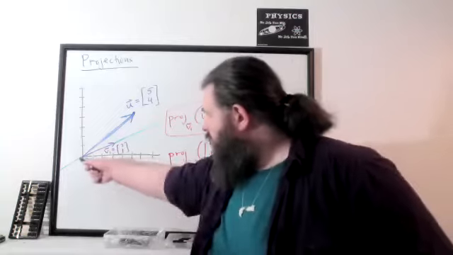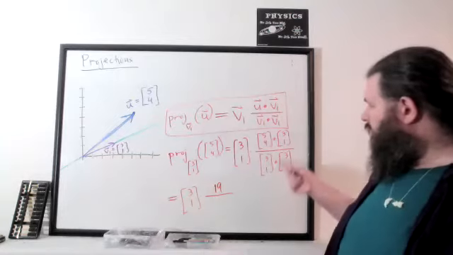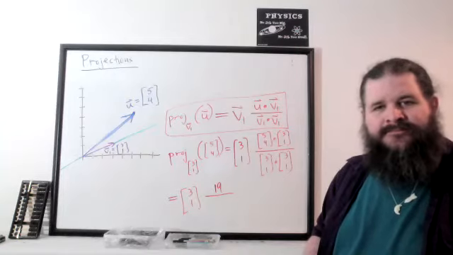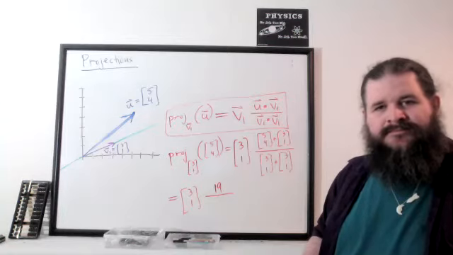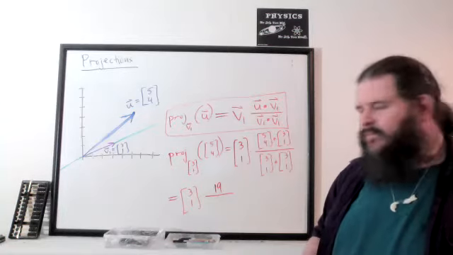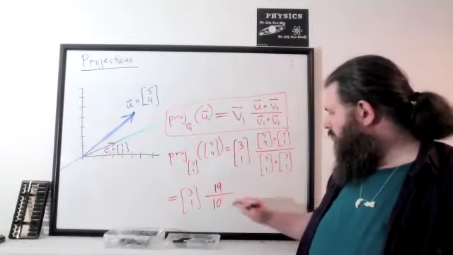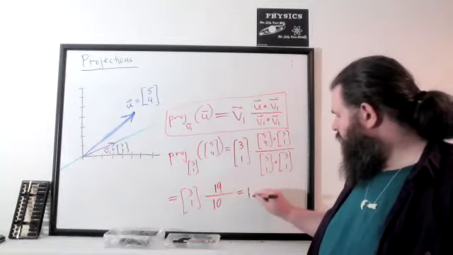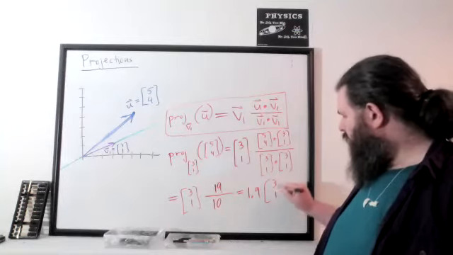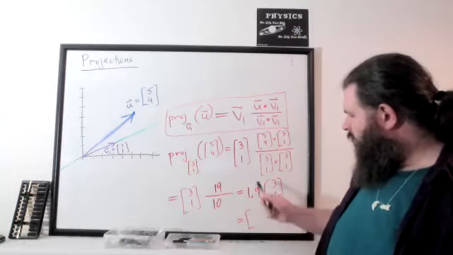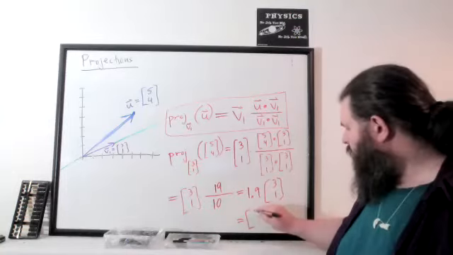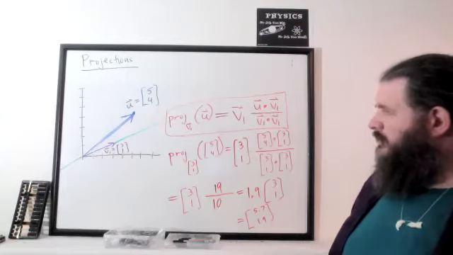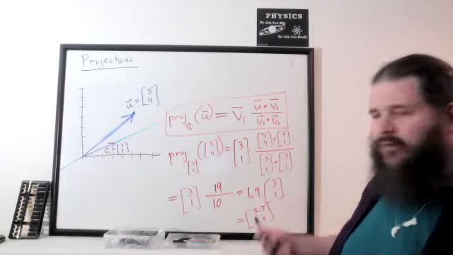So that's just the magnitude squared of v1. 3, 1 dot 3, 1 would be how much? Yeah, 3 squared plus 1 squared is 10. So that means our result is just going to be 1.9, from 19 tenths, times 3, 1. Or multiplying that in, 1.9 times 3 would be 5.7. 1.9 times 1 is 1.9. So that's the result. The projection is going to be 5.7, 1.9.